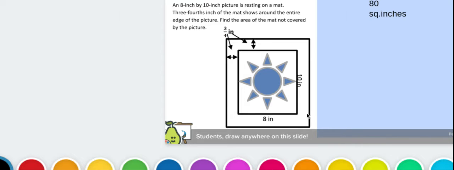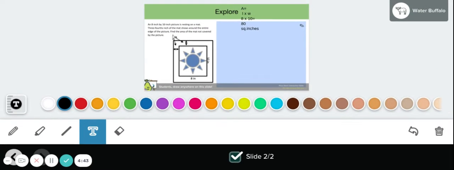So since we have two of them to represent the length, we're going to take 3/4 and we're going to multiply it by 2.